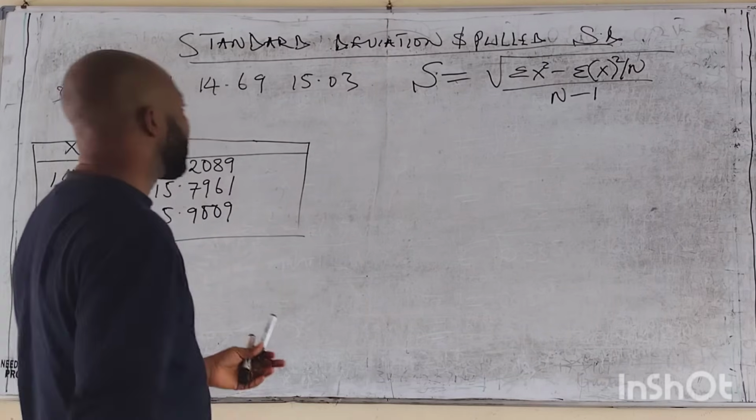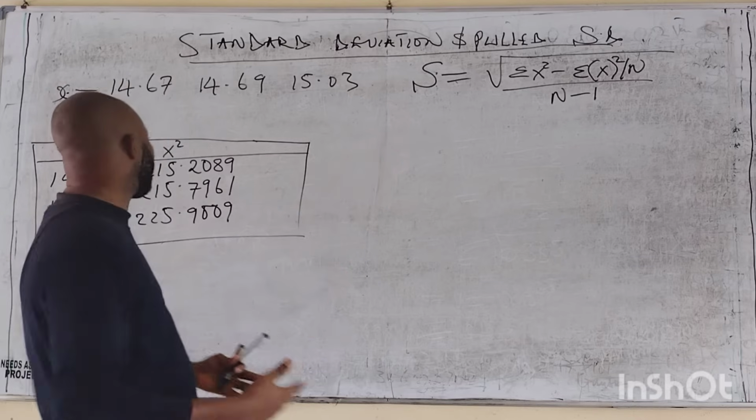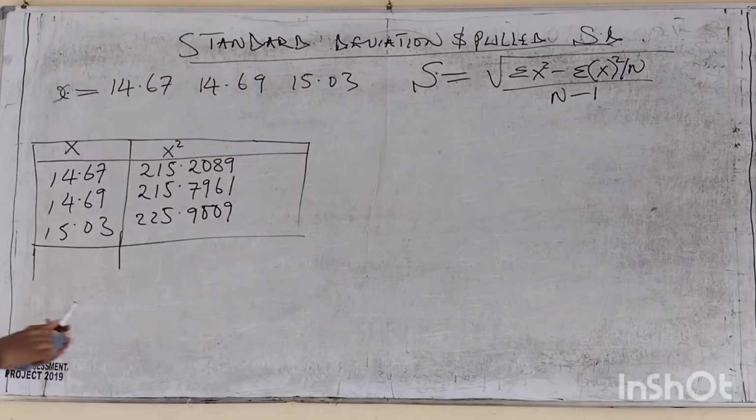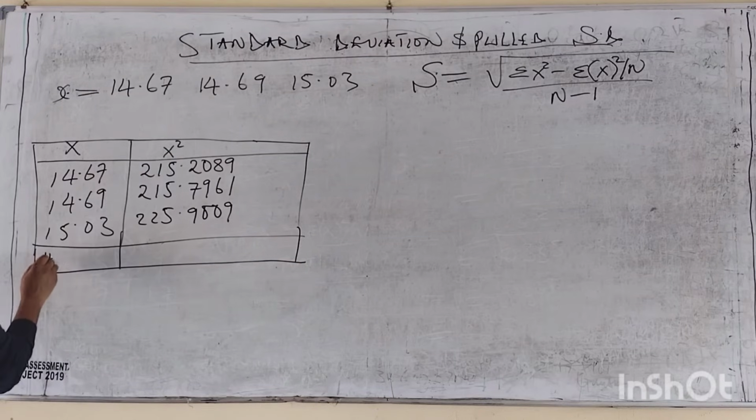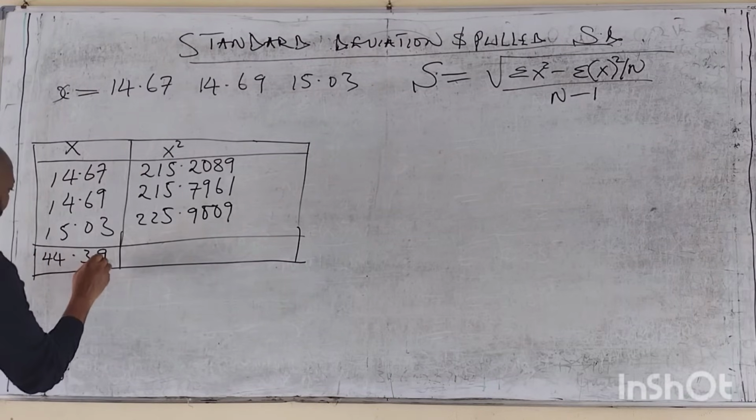So from the formula, what we are having is summation. So we have to sum them all up and see what we're going to get. So from here, 14.67 plus 14.69 plus 15.03, we get 44.39.